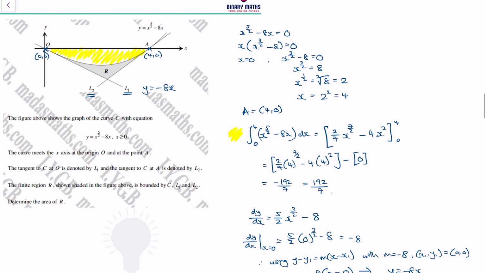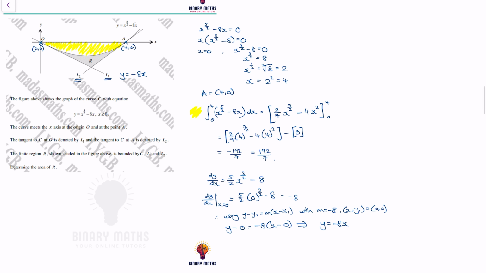Okay, now I need to do the same thing, find the gradient dy/dx at A, which is x equals 4, which is 5 over 2 times 4 to the power of 3 over 2, take away 8. If I put that into my calculator, I get 12.